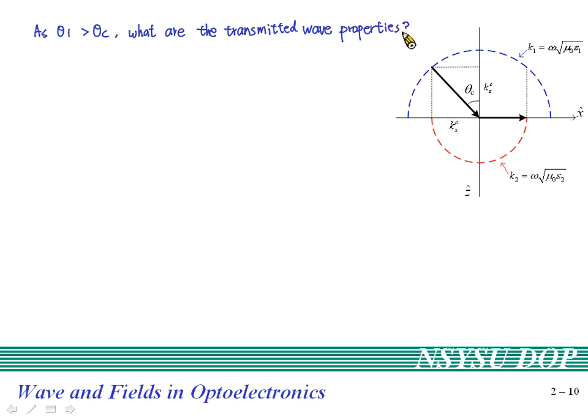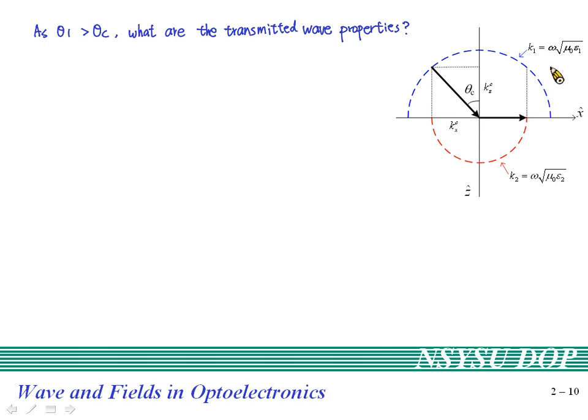Okay, and to find out the transmitted wave properties as TIR happens, we will use this figure to explain that.